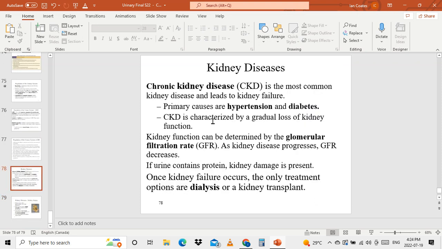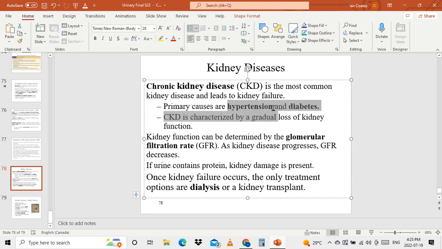Second last slide, kidney diseases. Chronic kidney disease is the most common kidney disease and leads to kidney failure. It is caused by hypertension and diabetes, and it's a slow process. Kidney function can be determined by the GFR, and that's why I've introduced that there. That will determine if your kidneys are working well or if they need an upgrade.